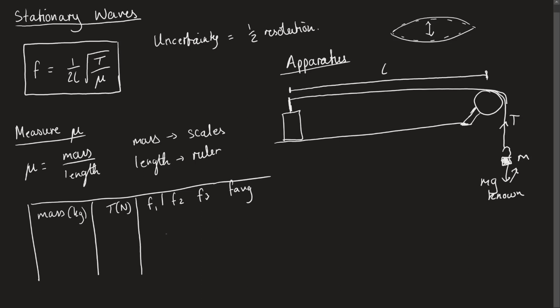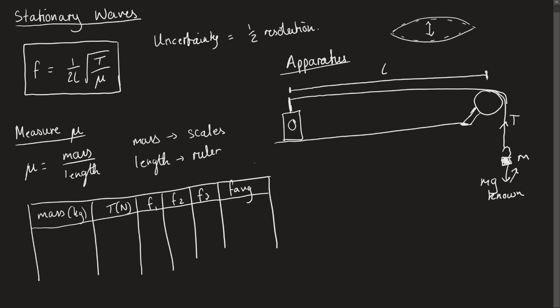Okay, so this means what you're doing is for each different mass that you place on here, you will then keep the length constant. You obviously can't change the mass per unit length of the string because that's a property of the string. And for each different mass, you record the tension in the string, and then you will change, so there will be a dial on this inducer, and you change the frequency until you can see the first harmonic.